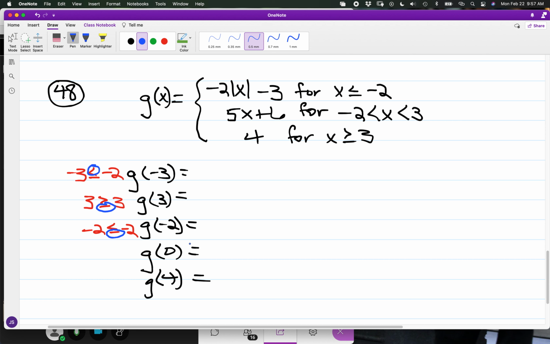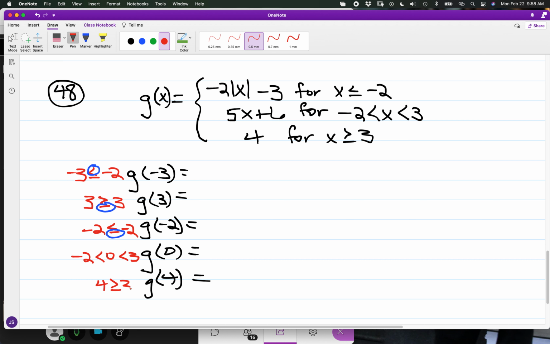And for 0, 0 is between -2 and 3. And for the input value of 4, we have that 4 is greater than or equal to 3, and it's the greater than part that makes it true.